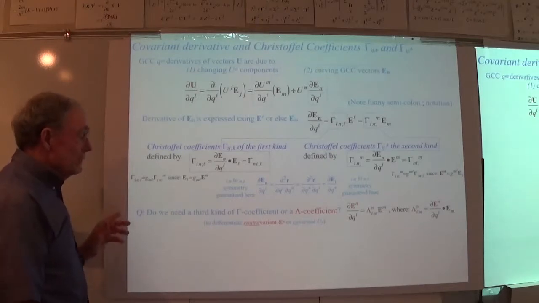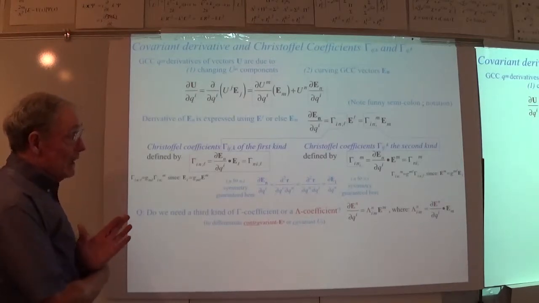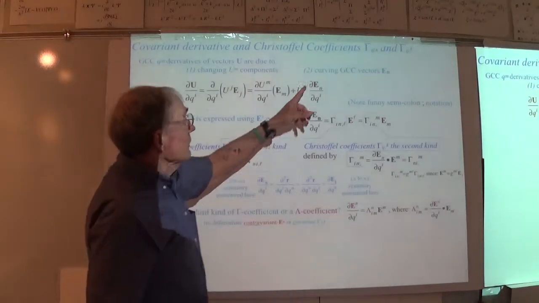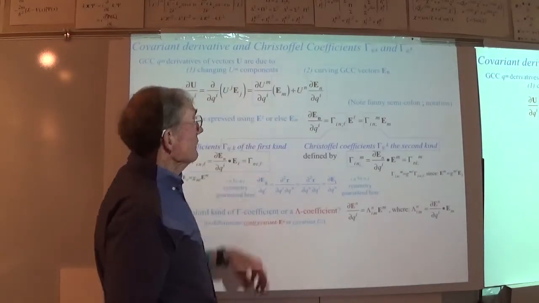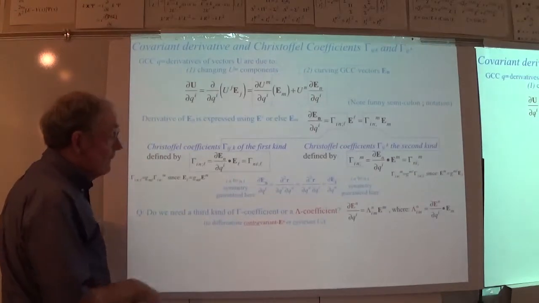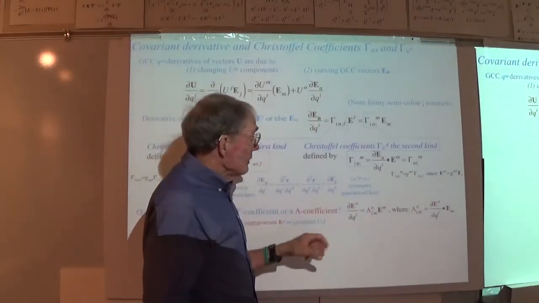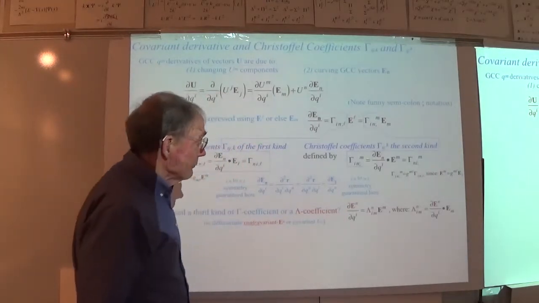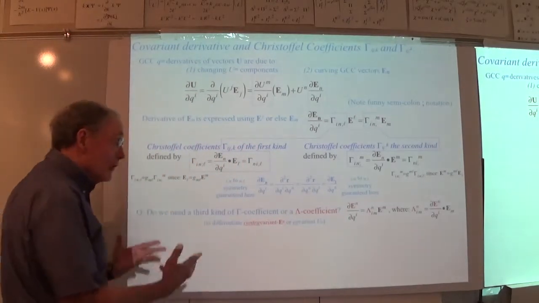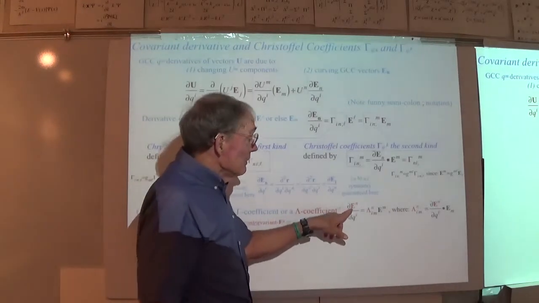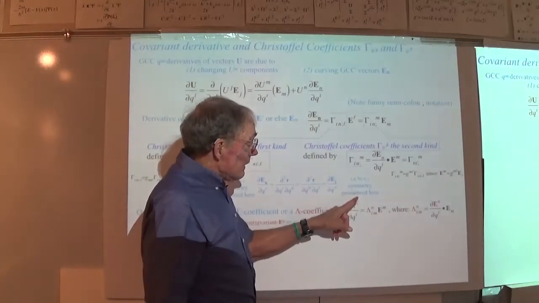And one of the things that you might notice is, well, if I'm going to be working here with partial derivatives of covariant E vectors, I'd better also pay attention to the normal space. This is the tangent space. I better pay attention to the normal space. What am I going to do there? Do I have a third and fourth kinds of Christoffel coefficients in order to take the derivative of a normal vector?